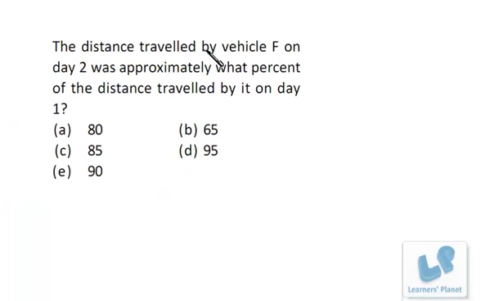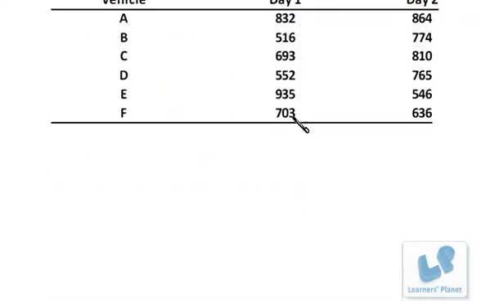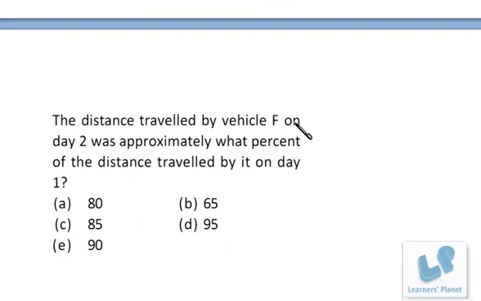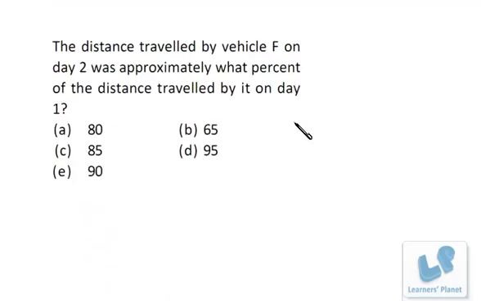Now, the distance traveled by vehicle F on day 2 was approximately what percent of the distance traveled by it on day 1? Vehicle F: day 1 is 703, day 2 is 636. So we have to find 636 by 703.